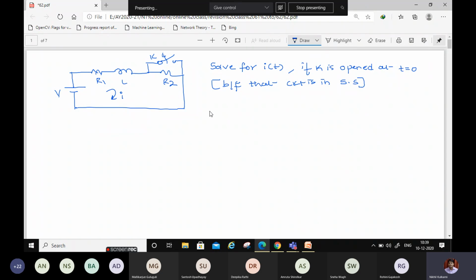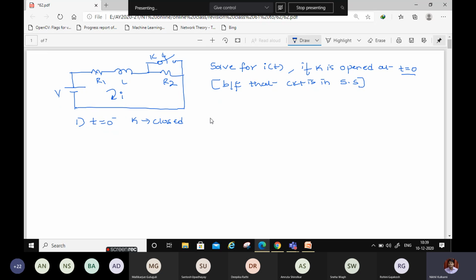Already the first condition we have solved, that is, first we have to analyze when t equal to 0 minus. If at t equal to 0 it is opened, at t equal to 0 minus switch K will be closed, right?